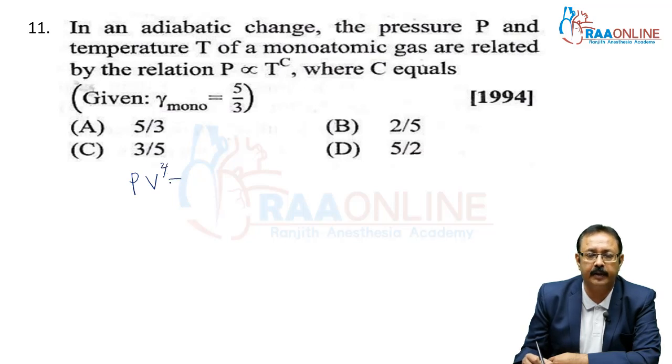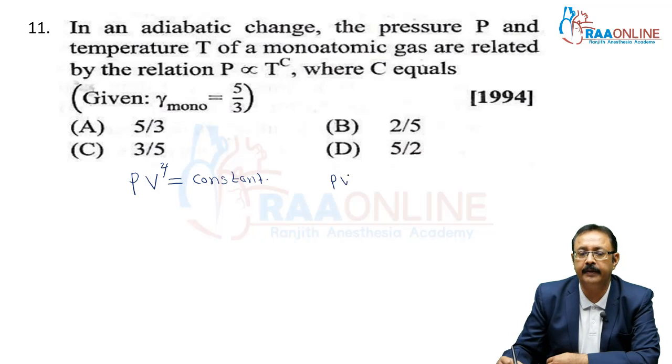PV raised to the power gamma is equal to constant. But from gas equation, we know that PV is equal to mu RT. For given quantity of gas, mu is constant, R is constant.